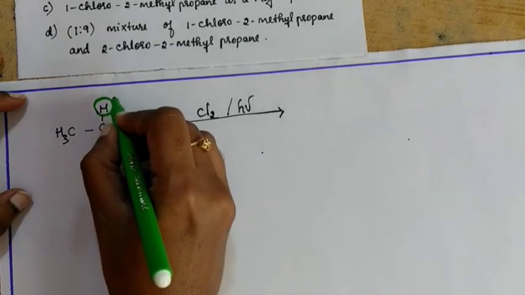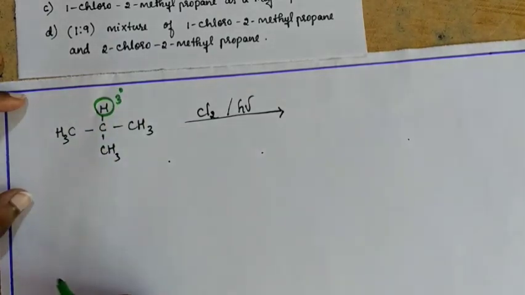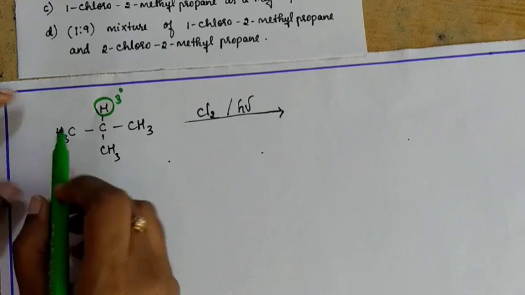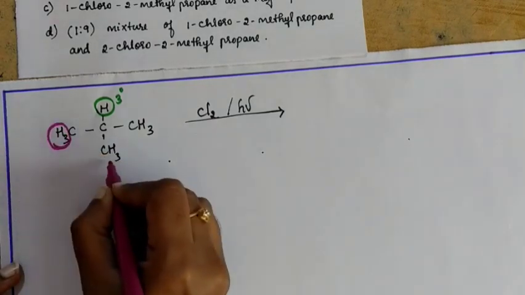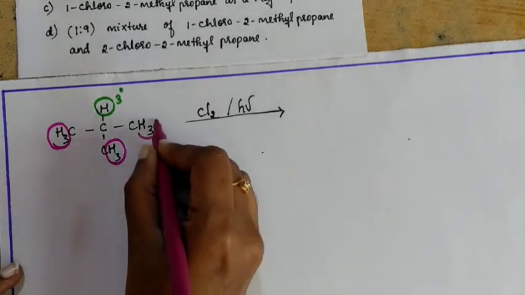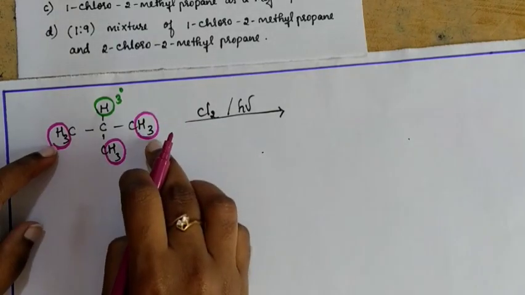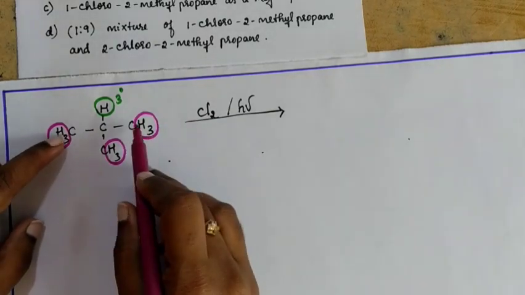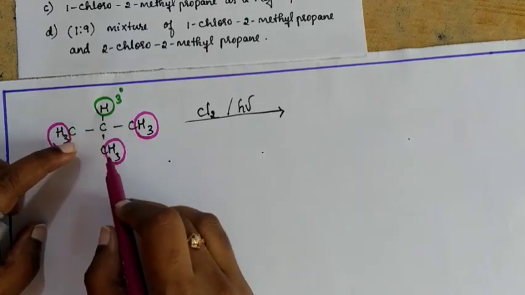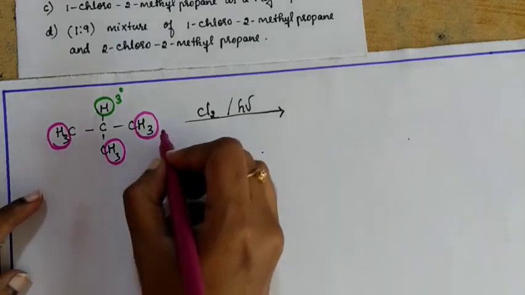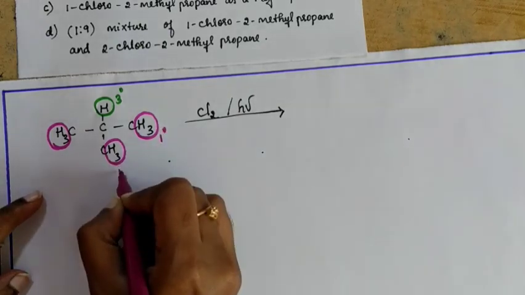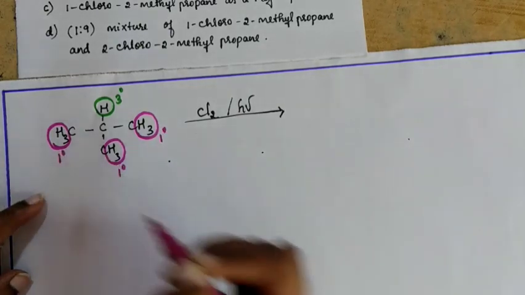So we can say that this hydrogen is tertiary. And you can observe the remaining hydrogens. All these hydrogens are bonded with the respective carbon atoms, which are bonded with only one more carbon atom. So we can say these hydrogens are primary.